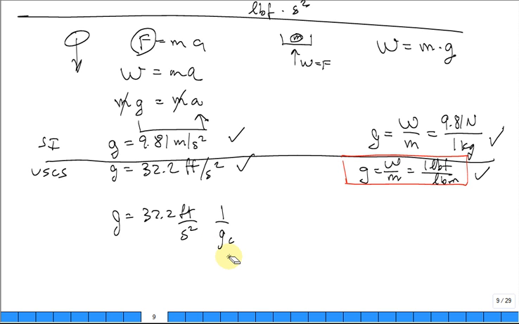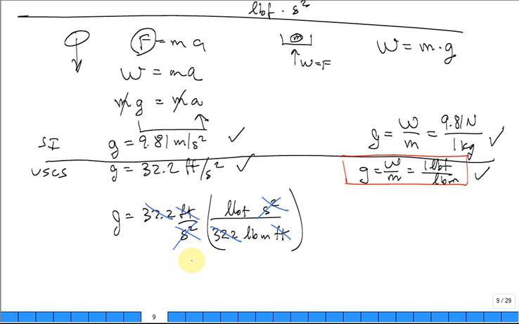Can I replace that to be 32.2 pound mass foot per second squared pound force? Isn't that 1? Wasn't that 1? Agree? So it looks like it's 1 pound force per 1 pound mass.